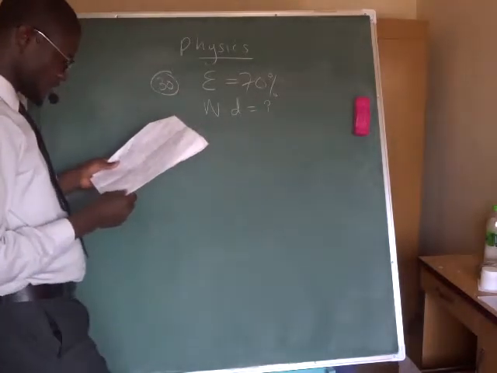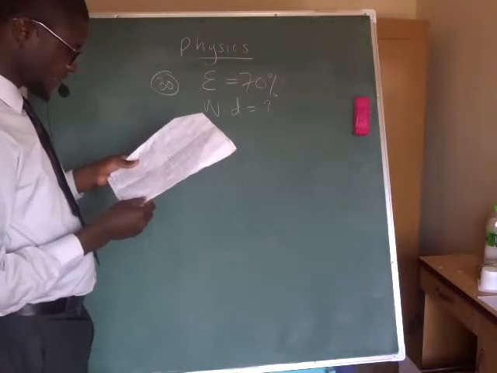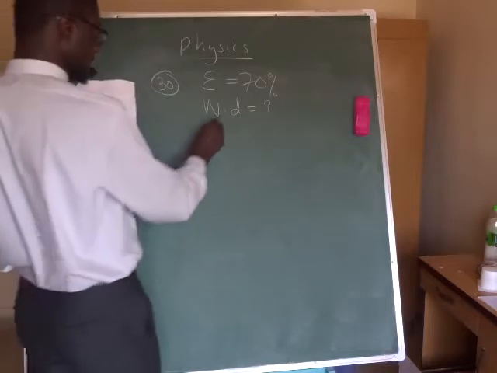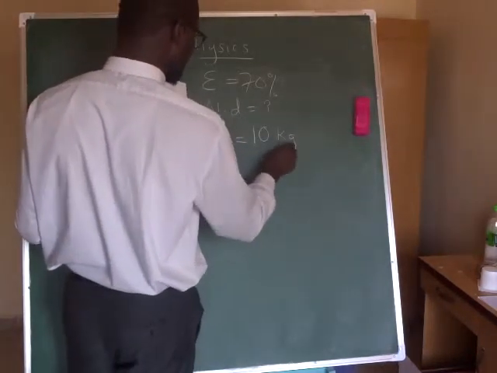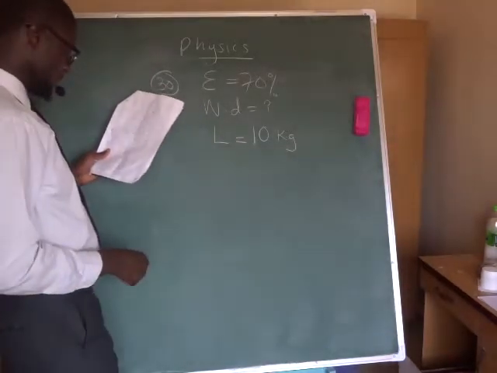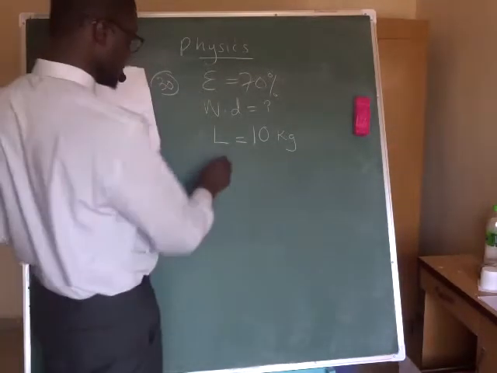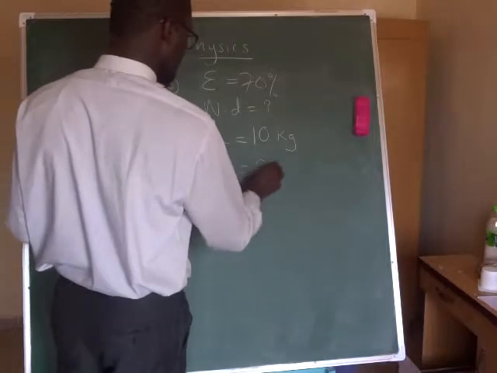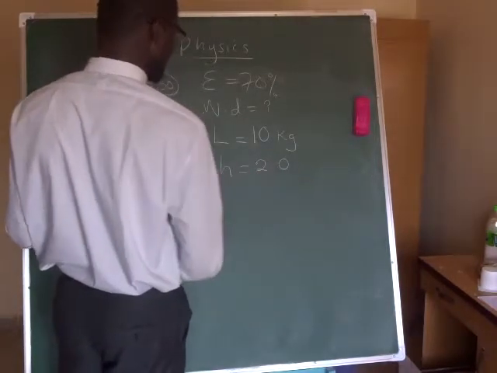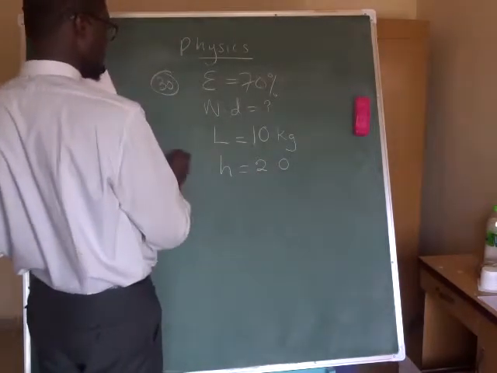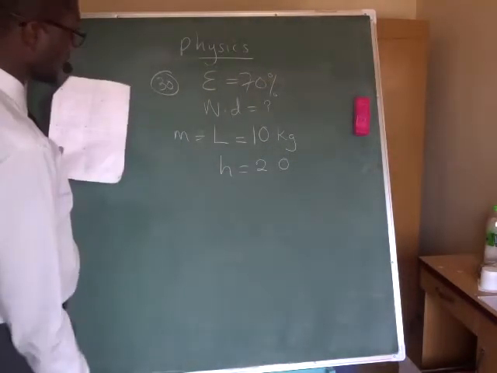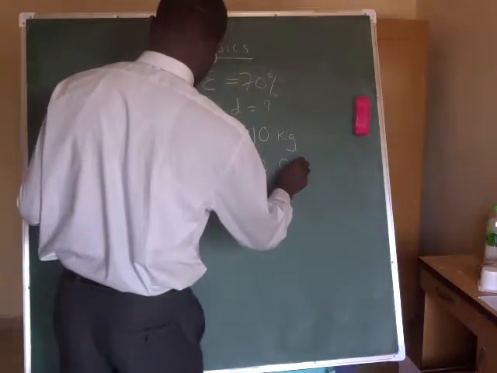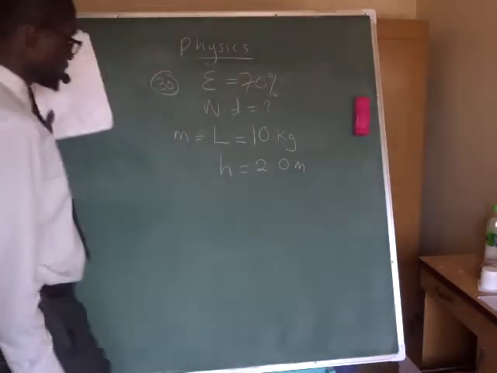Calculate work done using the machine to raise a load of 10 kilograms, which is also the mass, through a vertical height of 2.0. So our load, which is the same thing as our mass, is 10 kilograms. Our height is 2.0 meters.